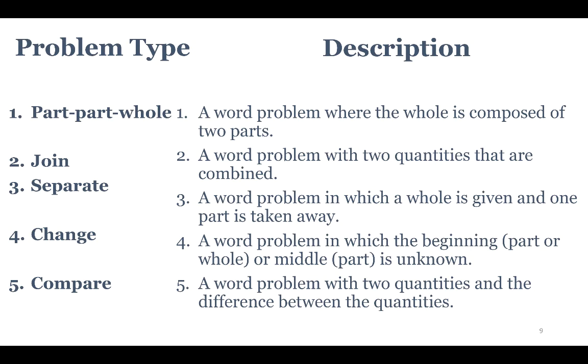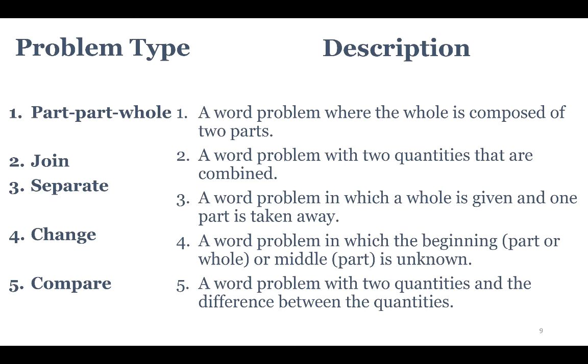Now, we need to be aware of the problem type. We talked about this with fractions and decimals, and with word problems as well. We know that there are basically 5 basic elements in word problems. We have the part-whole: a word problem with a whole composed of 2 parts. We've talked about that with fractions and decimals. Join: a word problem in which 2 quantities are combined. Well, there you go. And combine, what does combine mean in terms of a key word?